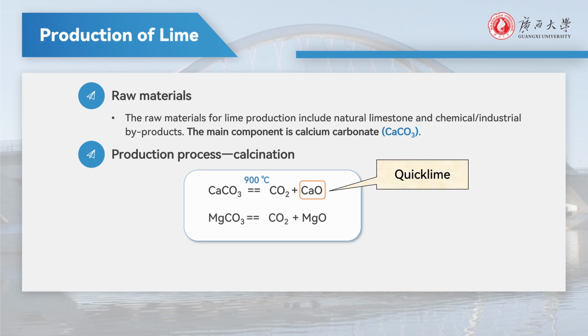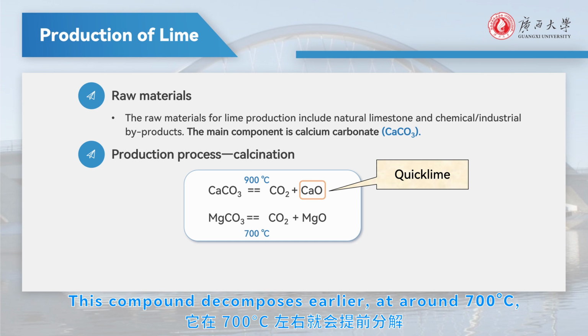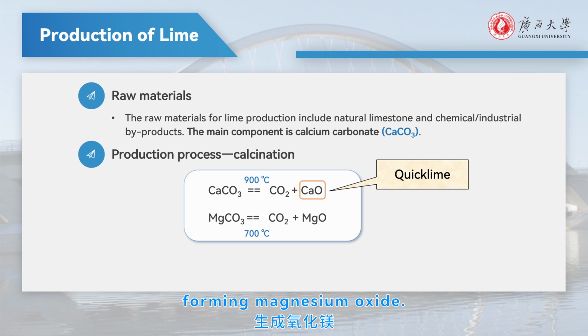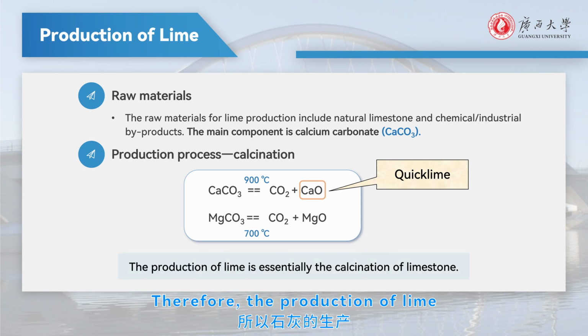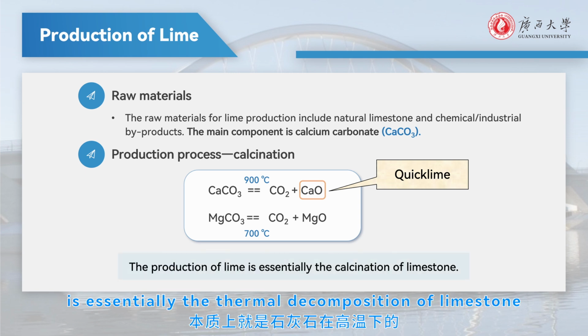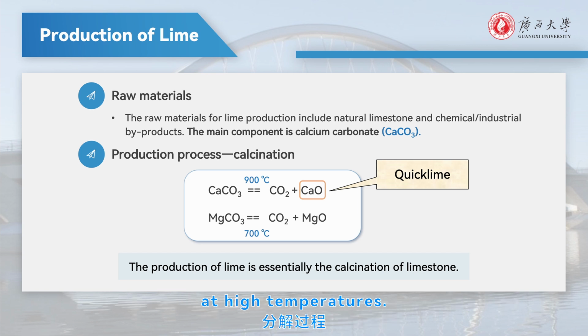In addition, the raw material often contains a small amount of magnesium carbonate. This compound decomposes earlier at around 700 degrees Celsius, forming magnesium oxide. Therefore, the production of lime is essentially the thermal decomposition of limestone at high temperatures.